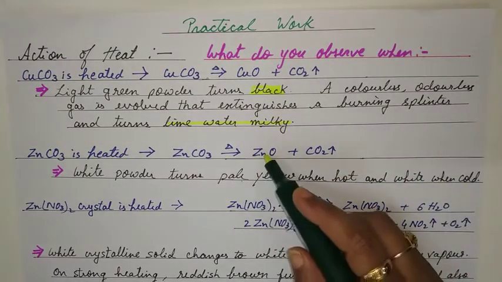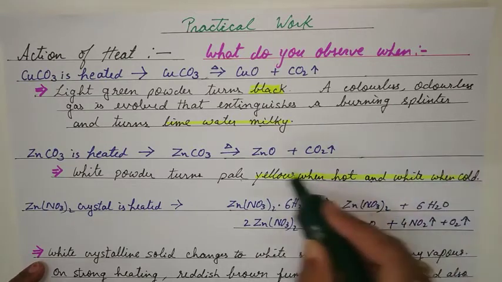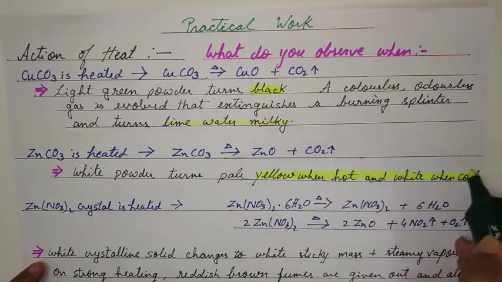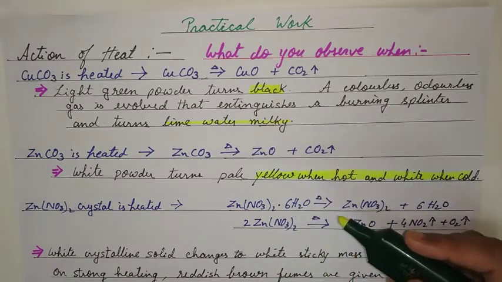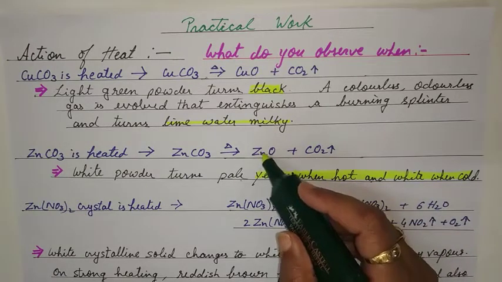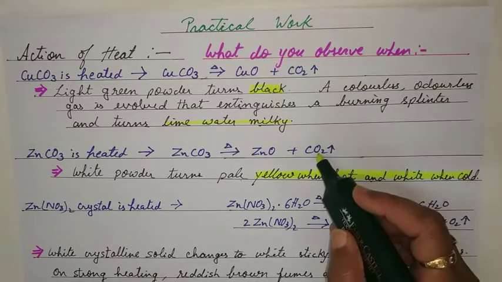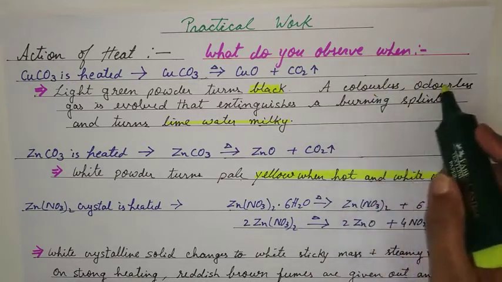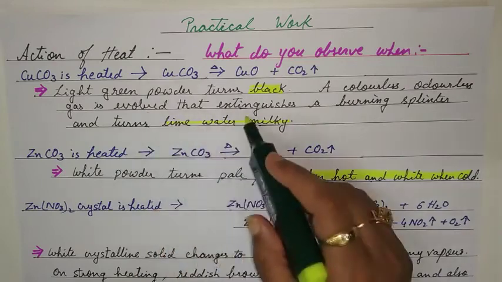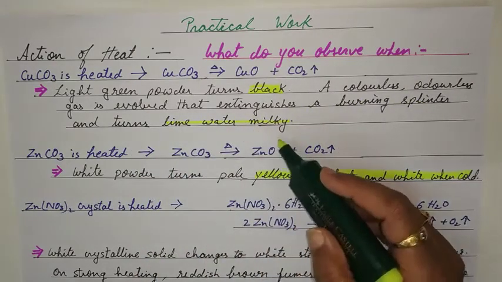So we know that zinc oxide is yellow when hot and white when cold. You have to write this as an observation, which is important, which identifies zinc oxide, yellow when hot and white when cold, and every detail about CO2, that a colorless, odorless gas is released which extinguishes a burning splinter and turns the lime water milky.